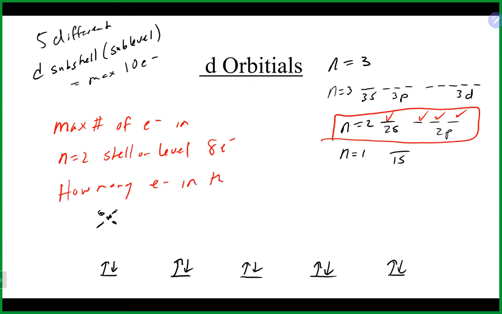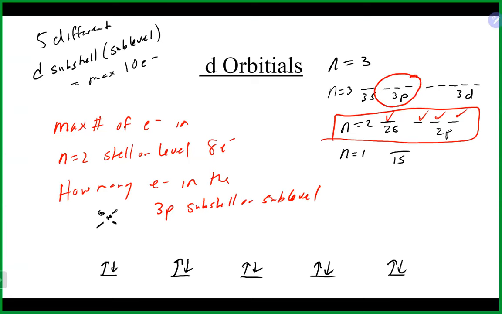If I wanted to know how many electrons in the 3p subshell or sublevel, how many electrons could I put in that one? The answer is 6, yeah. And the 3p subshell or sublevel is just that group of p orbitals on the 3rd energy level.